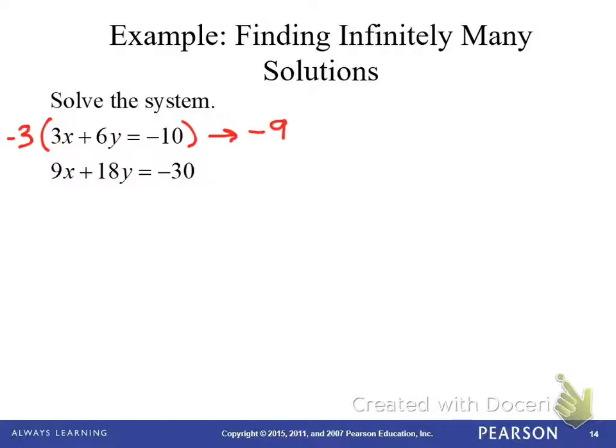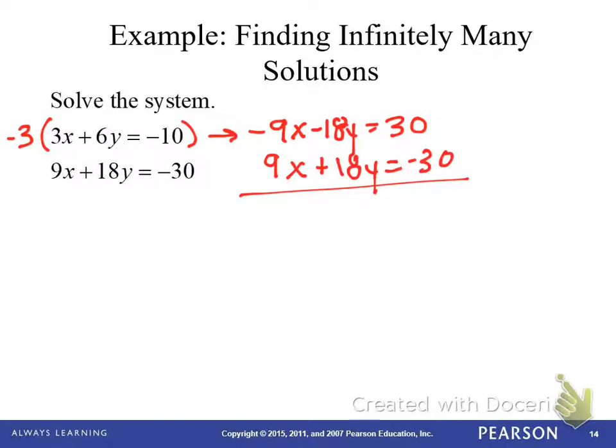So I'd have negative 9x minus 18y equals positive 30. And the bottom equation will stay the same, plus 18y equals negative 30.